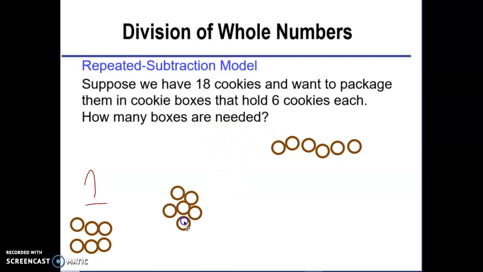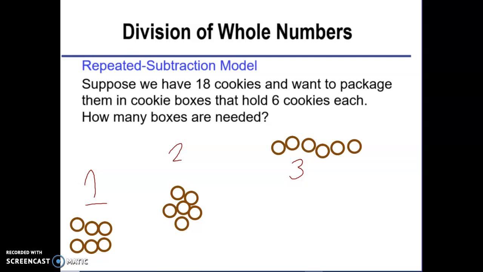So there, I have 6 cookies. There's box number 2. So 18 minus 6 was 12. And then I took that 12 and subtracted 6, and I should have 6 left. 1, 2, 3, 4, 5, 6, and I do. That fills up my third box. So the answer to this question is 3.